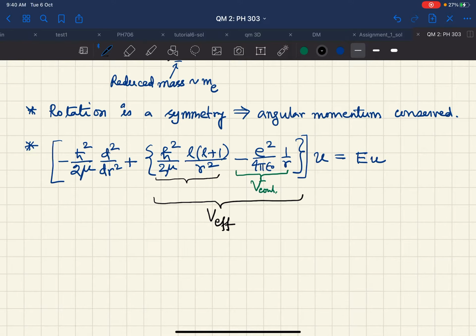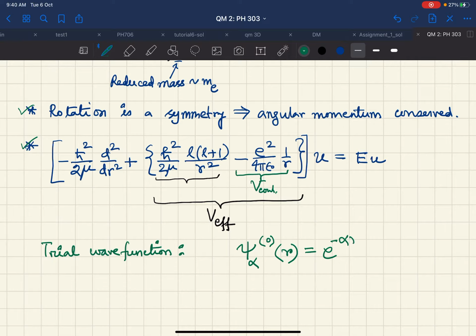Therefore, keeping these two points in mind, we will choose our trial wave function, just like in the previous example. This should be psi, let us denote this parameter alpha again, psi alpha of r is equal to e to the minus alpha r square, with alpha positive for a bound state.